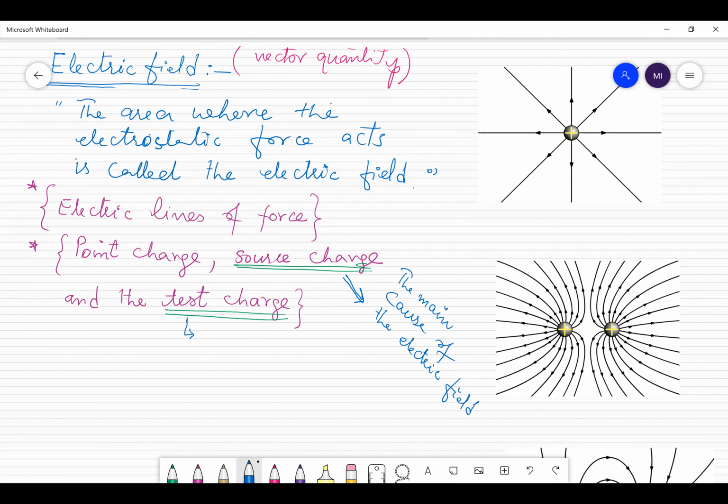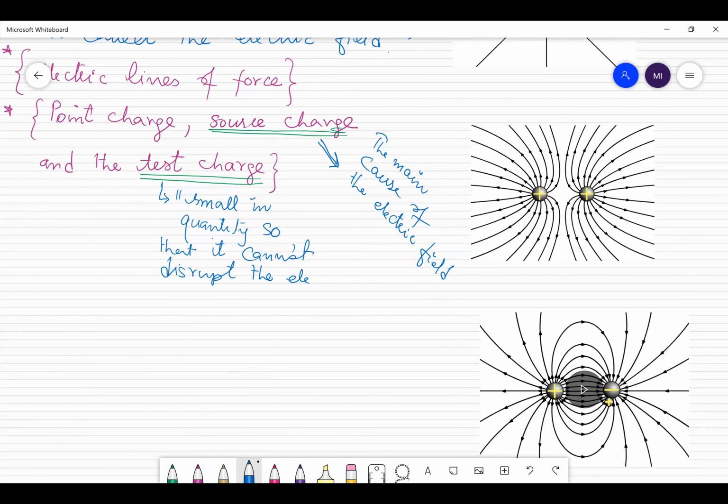The test charge is very minimal or small in quantity, so that it cannot disrupt the electric field of the point charge, or of the source charge.